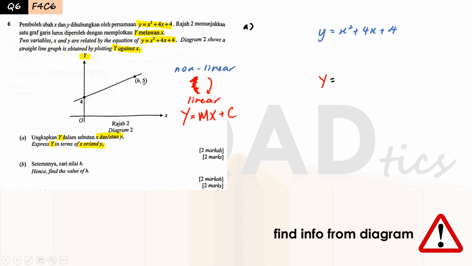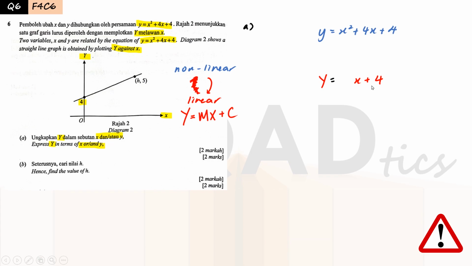For m we don't know, but we can just blank it first. The big X here, we can look at the x-axis here. So this one is a small x, which means the big X here is the small x. Okay, and then the big C here, if you see the y-intercept, it's 4. Alright, so we'll put 4 here.